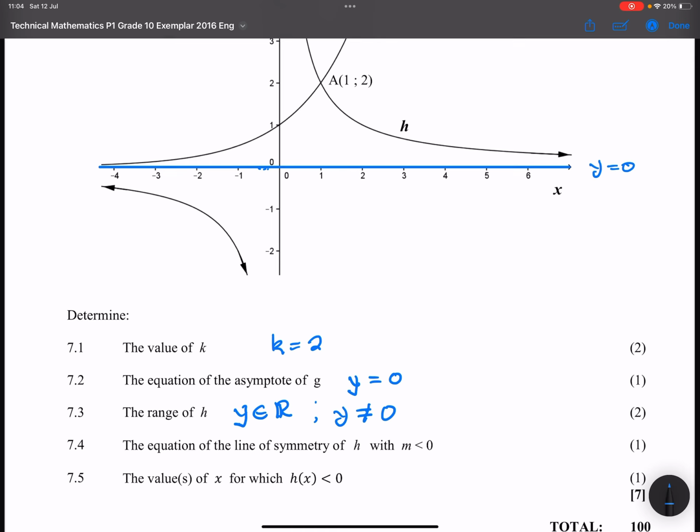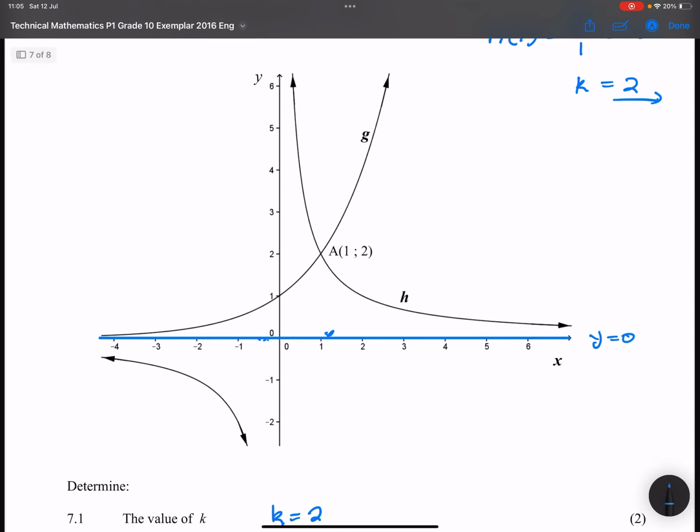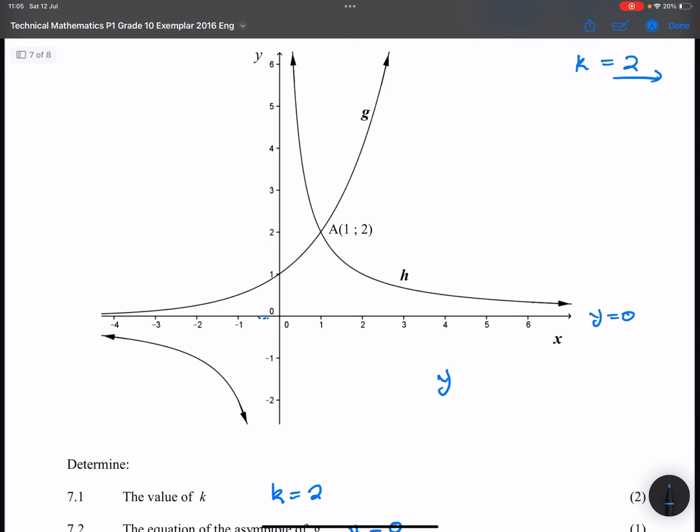Right, so the next question, they say the equation of the line of symmetry of h with m less than 0. Now, ladies and gents, you have to always remember that for your hyperbola, it will always have two axes of symmetry. The first one is where y is equal to x plus k1. For you to find k1, you'd have to substitute the intersection of your asymptotes.